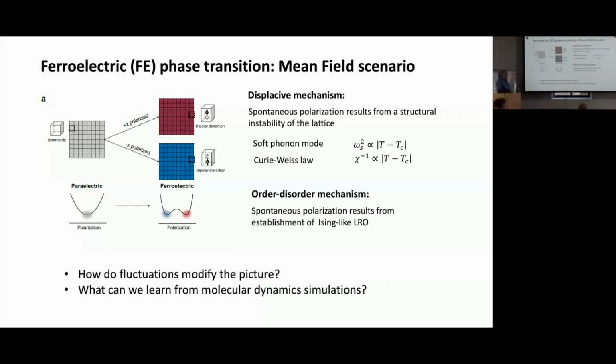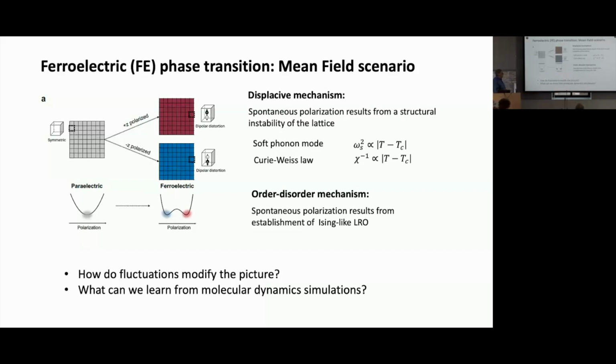There should be a frequency of a phonon mode that goes to zero as the temperature approaches the critical temperature, and similarly the inverse susceptibility should go to zero, again as in the Curie-Weiss law.